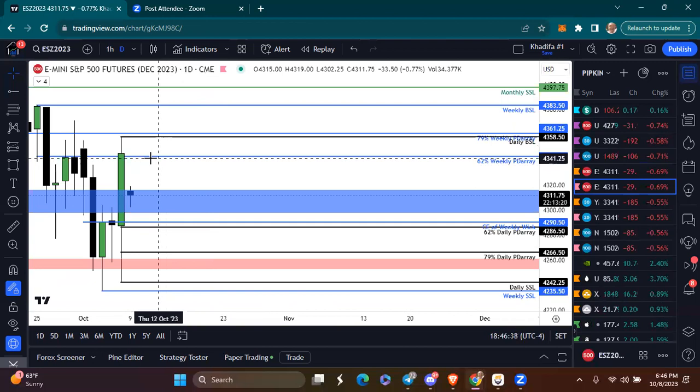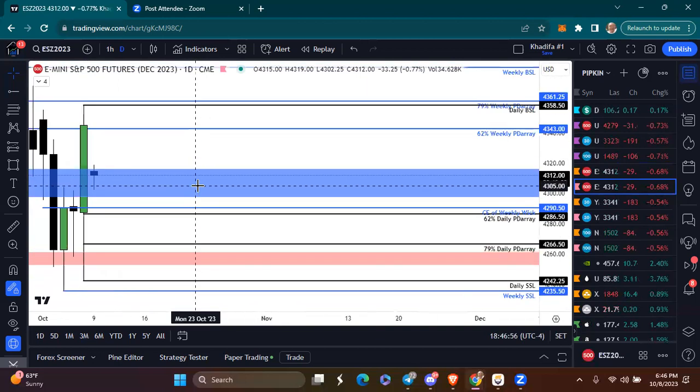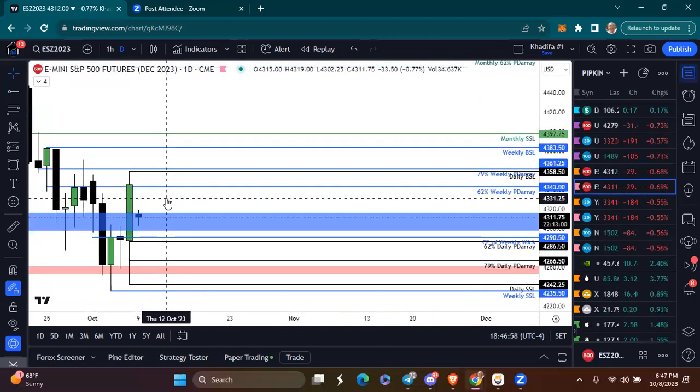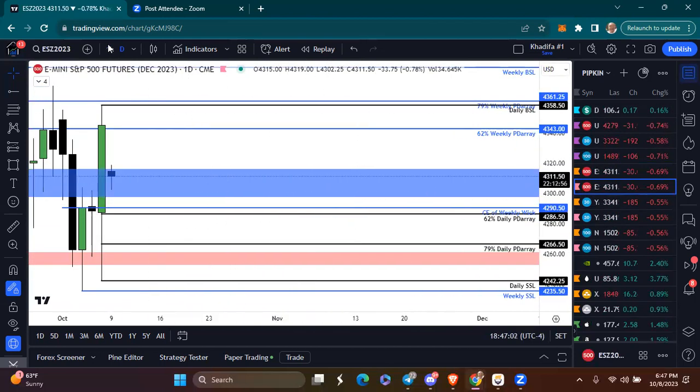I would like to see a good delivery to the weekly PD arrays that you see on my chart. I would like to see us run up to run that weekly buy side liquidity from the week of September the 25th. And then I would like to see us sell off from there to continue lower for ES. That's what I would like to see.